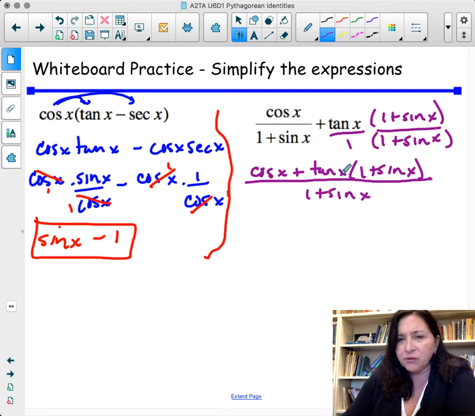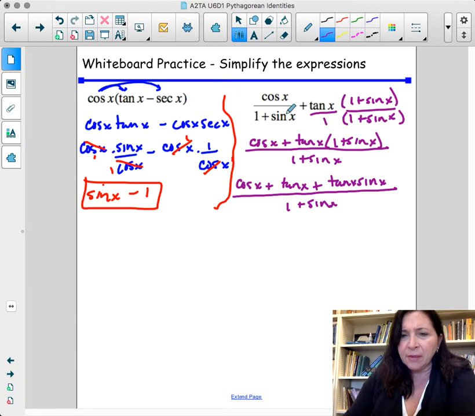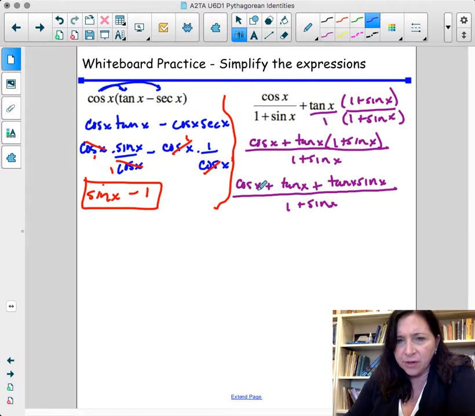So now I'm going to distribute this tangent. So I have cosine of x plus tangent of x plus tangent of x sine of x all over 1 plus sine of x.